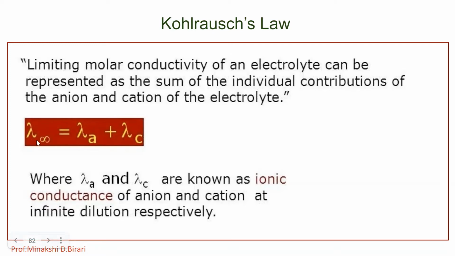Therefore, it can be represented as lambda infinity is equal to lambda A plus lambda C, where lambda A and lambda C are known as the ionic conductance of the anion and the ionic conductance of the cation at infinite dilution respectively.